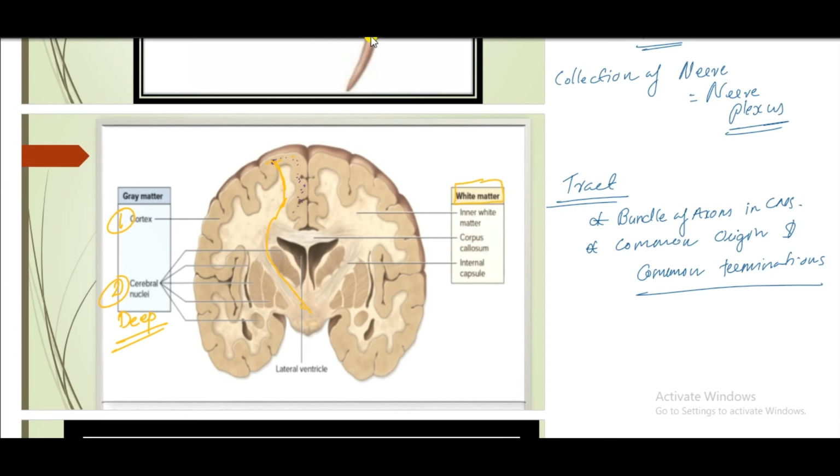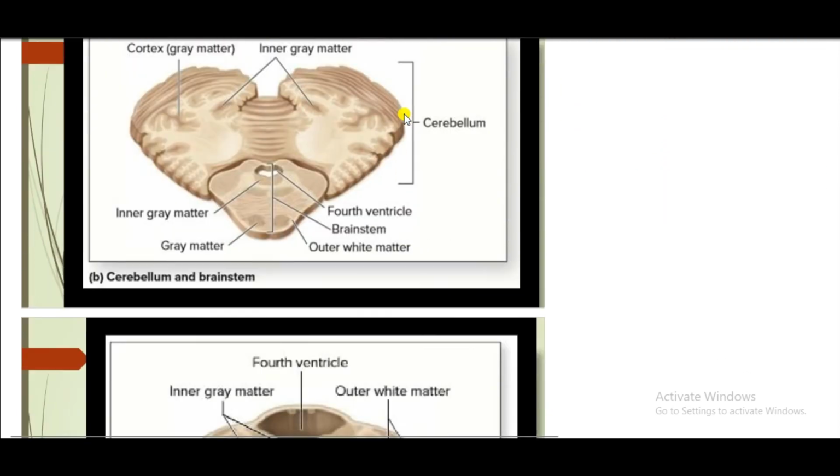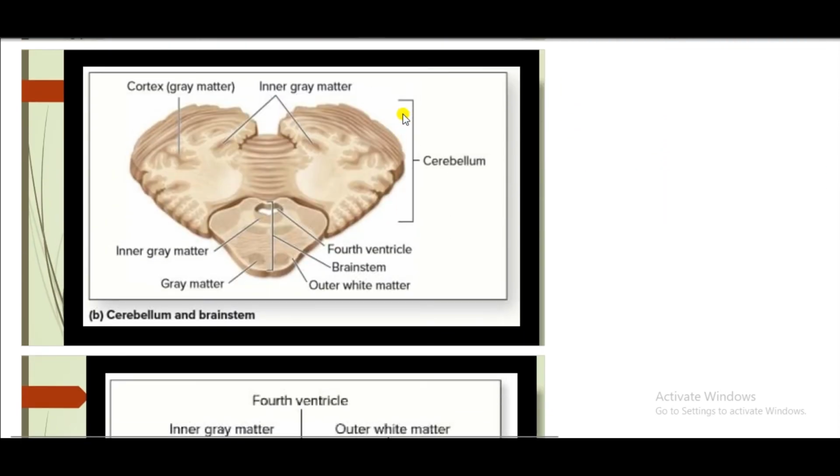In white matter, you can see the inner white matter, and here is our corpus callosum. You can see some fibers. These fibers connect the left and right cerebral hemispheres, and this is our internal capsule. The internal capsule also contains some fibers.